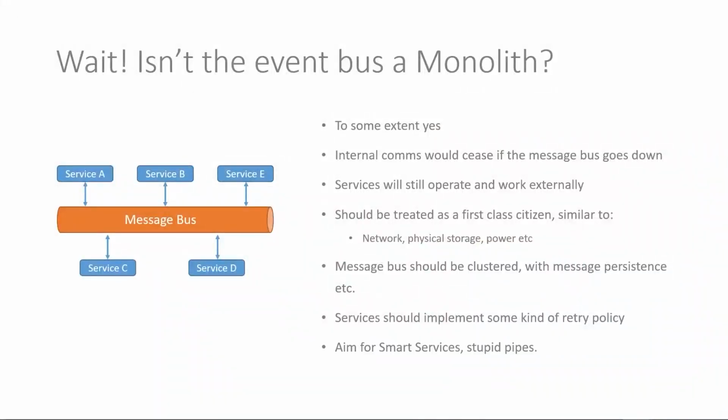The services should be intelligent enough to retry, keep those events queued up and retry when the message bus comes back up. So something you'll hear about often in the microservices world is you aim for smart services. Your endpoint should be intelligent, the pipes should be relatively simple, or stupid, as I put there. Okay, so they're really just there as a transport to get one event from one service to the other.